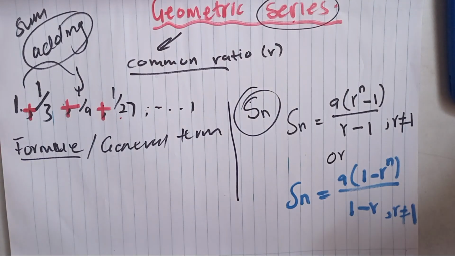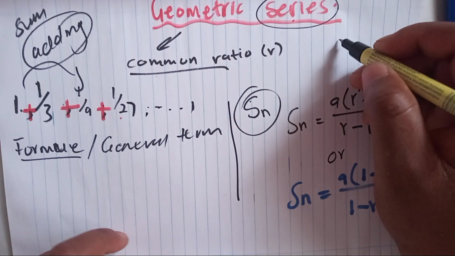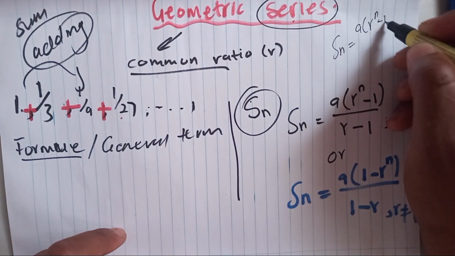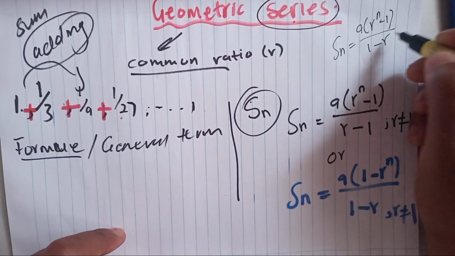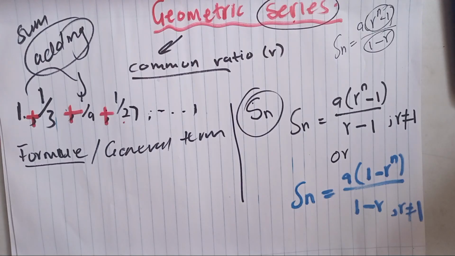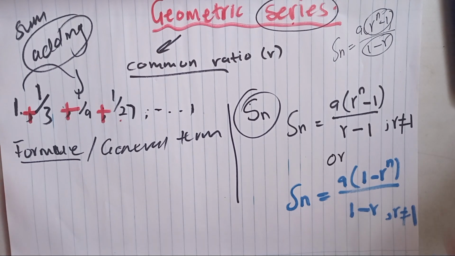Please do not interchange them. We don't have a formula such as Sn is equivalent to a into r exponent n minus 1 divided by 1 minus r. These notations should be the same. If you said r exponent n minus 1, you should divide by r minus 1. I hope I'm making a lot of sense there.